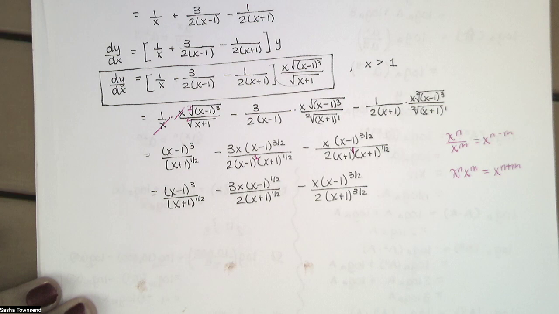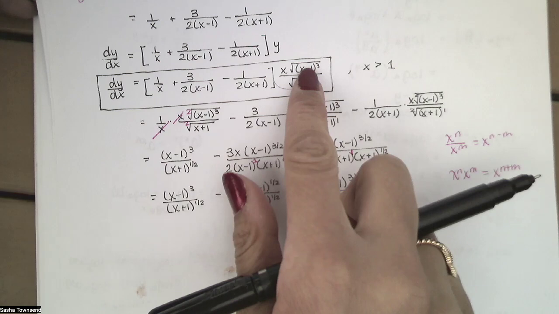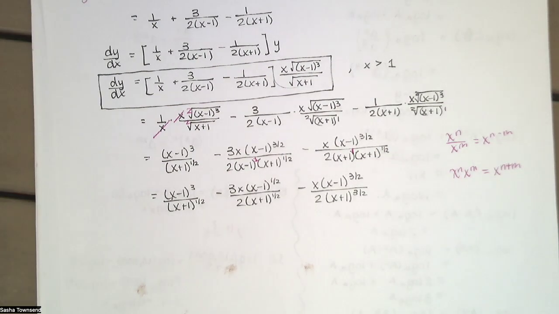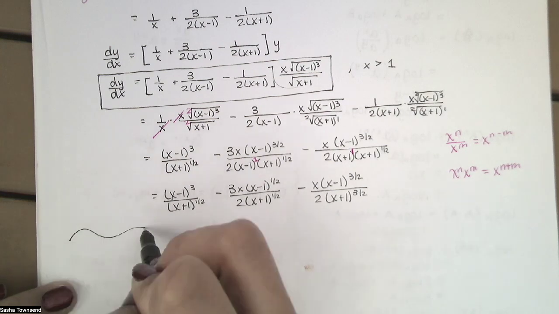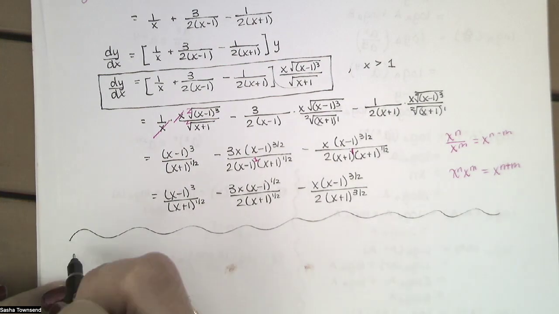I mean, if we wanted, we could get a common denominator. I don't think I will. Well, let's get a common denominator, because when we use the quotient rule on this, we're probably going to have a common denominator, right? Well, no, let's leave it like this. I don't actually know what it's going to look like. Let's check our answer by using the quotient rule.